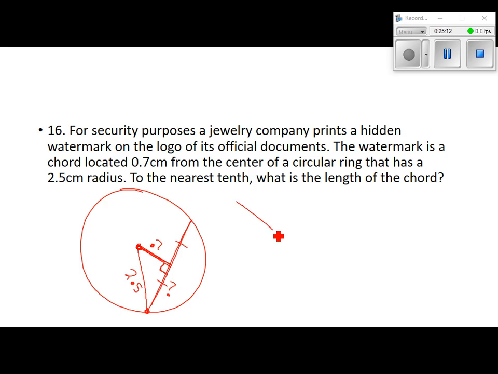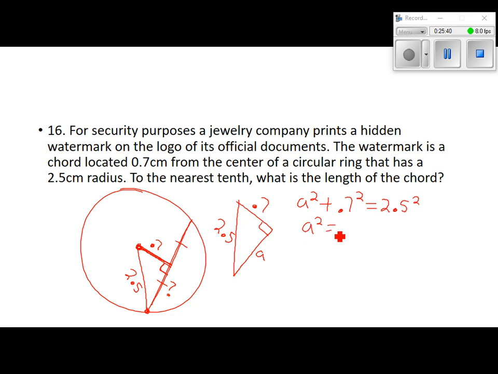So we have another right triangle there. This is 0.7. This is 2.5, and again, I'm just going to use Pythagorean theorem. This actually fits one of the triples. So if you see that it fits one of the triples, you can use that. Otherwise, it's Pythagorean theorem. So a squared plus 0.7 squared equals 2.5 squared.